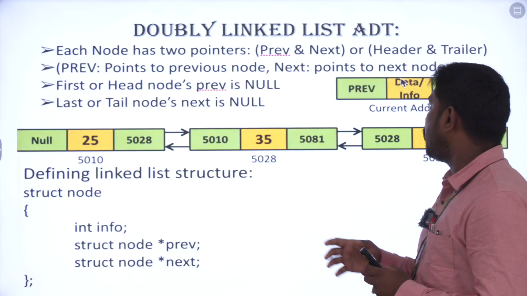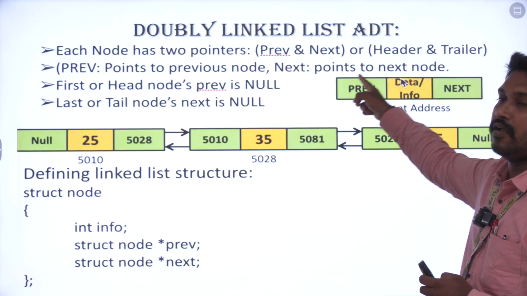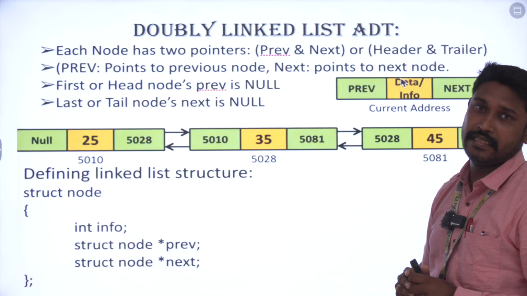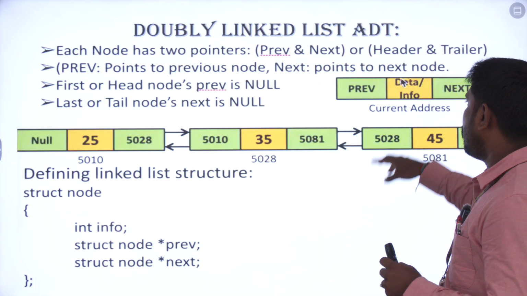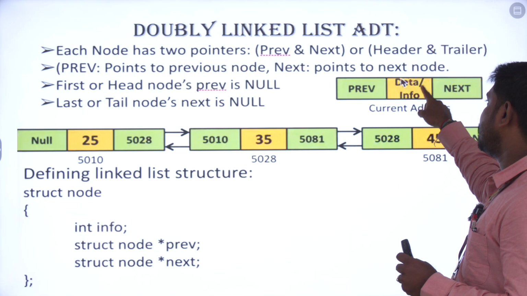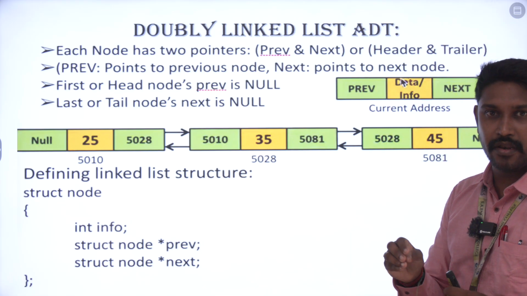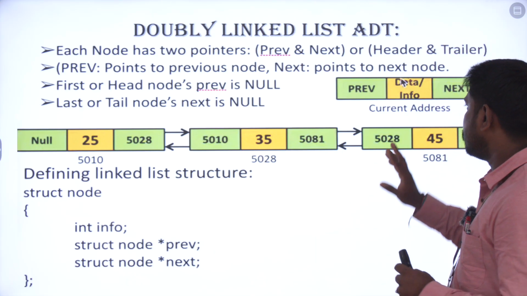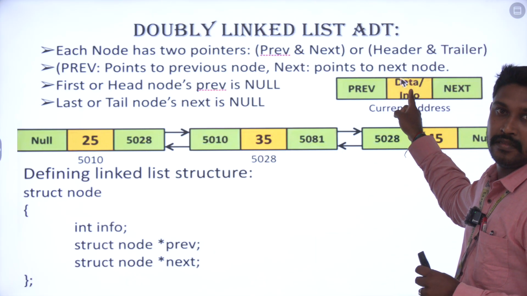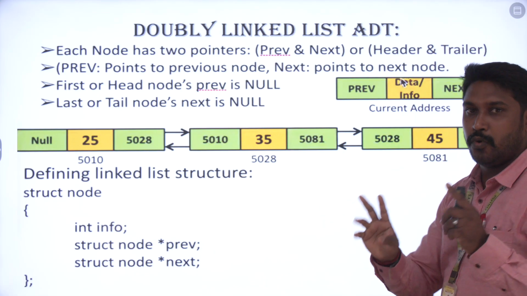This diagram shows the structure of a double linked list. In a double linked list, you will have three main parts. The first main part is the center data information, where you are going to store the value at a particular address. On the left and right side of the data, you will have two pointers.